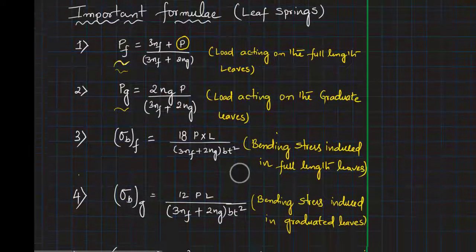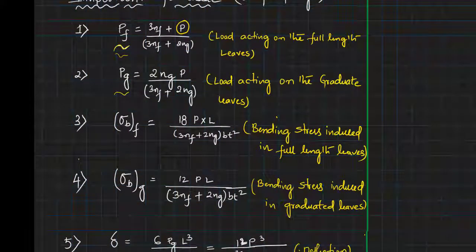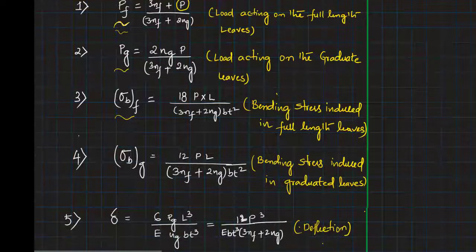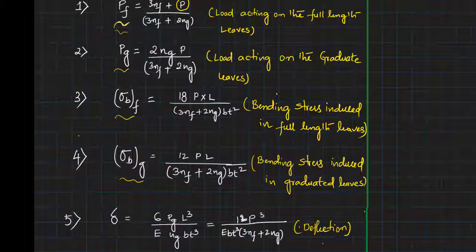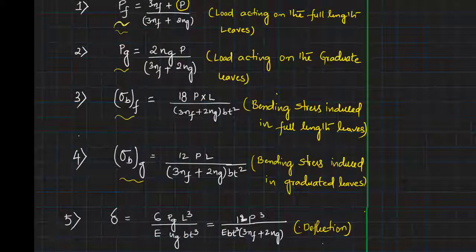And the third one is the bending stresses. So bending stresses induced in full length leaves can be calculated by using this formula, and bending stresses in graduated leaves can be calculated by using this particular formula number 4.